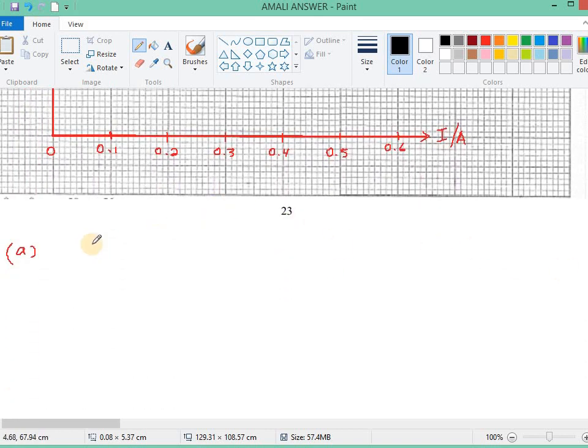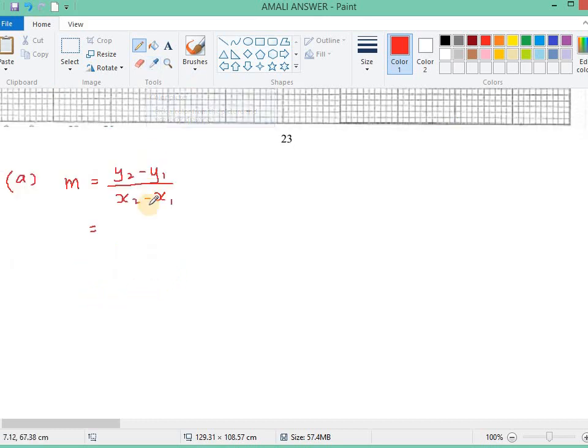Okay, so now we calculate the gradient. Okay, y2 minus y1 over x2 minus x1. So based on the coordinates, 1.06 minus 1.5 over 0.6 minus 0.